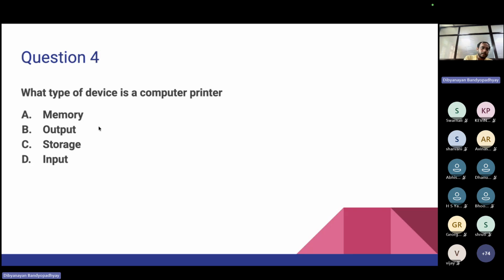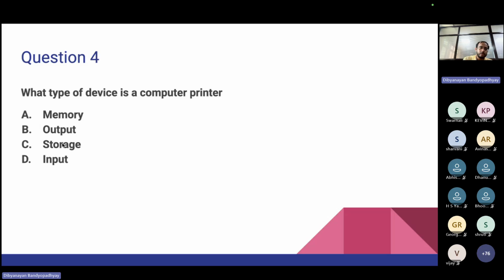And what is then computer printer? Computer printer is neither memory, because you don't store anything in a computer printer. Is it input? I don't think it is input, because the input to the computer is basically, I mean, power, right? That is the input. And is it part of the storage? I don't think so, because you don't store anything.